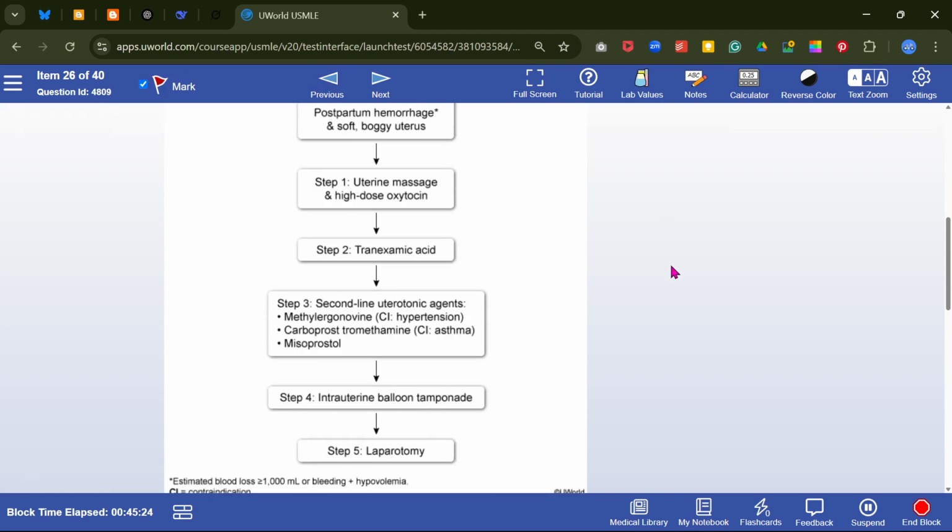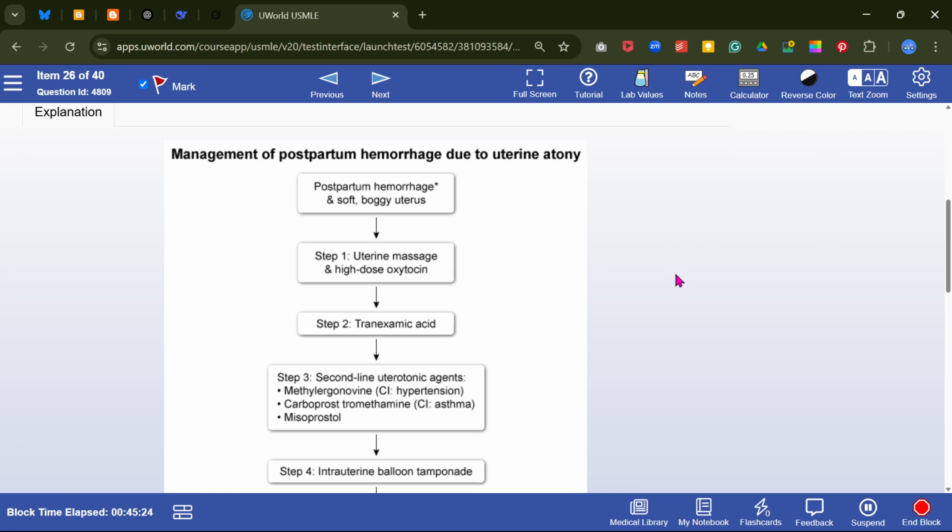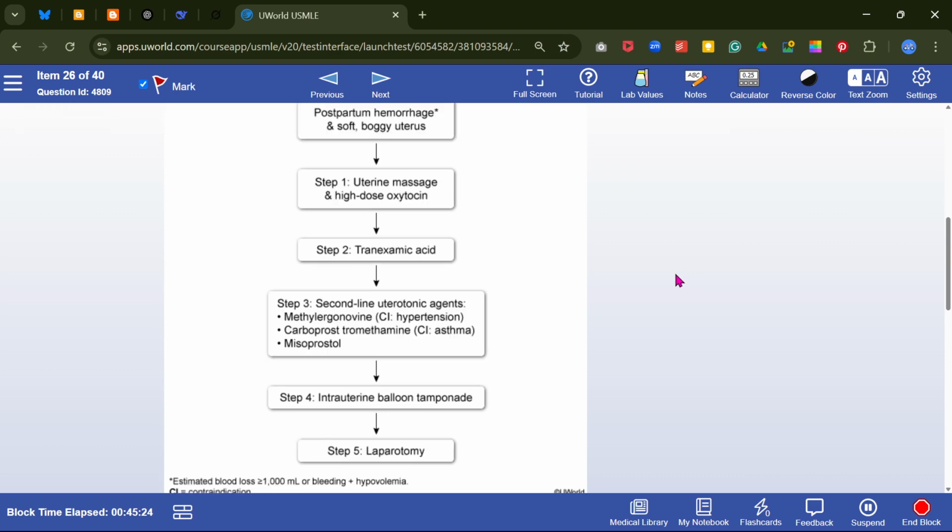Yes, so management of PPH, postpartum hemorrhage, with a soft, boggy uterus. Step 1 is uterine massage and high dose oxytocin. Step 2 is tranexamic acid. Step 3 is a second line uterotonic.